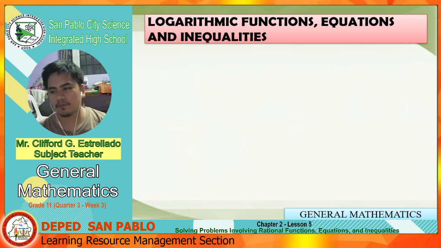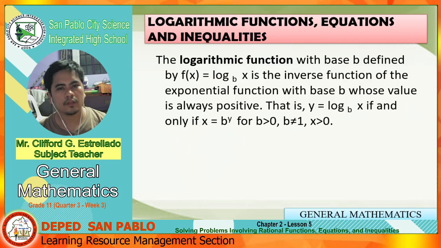So let us have first the definitions of terms. The logarithmic function with base b, defined by f of x equals logarithm of x with the base b, is the inverse function of the exponential function with base b whose value is always positive.